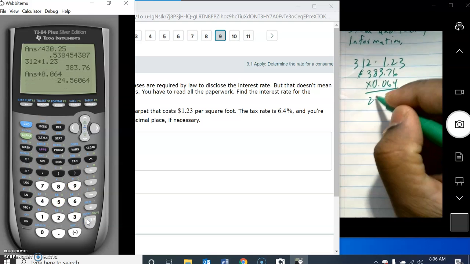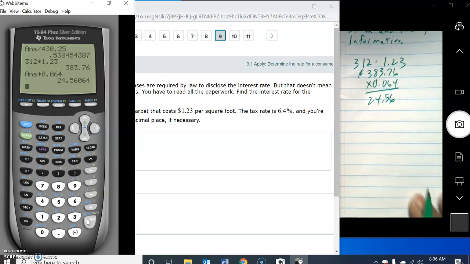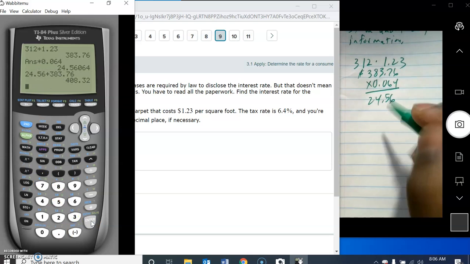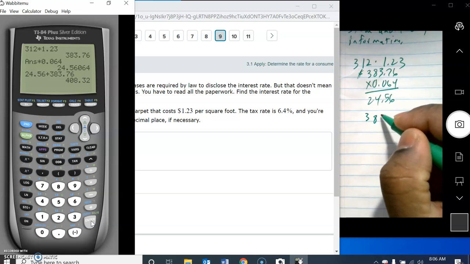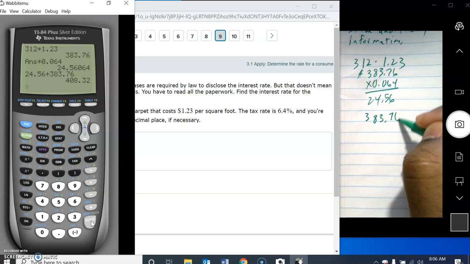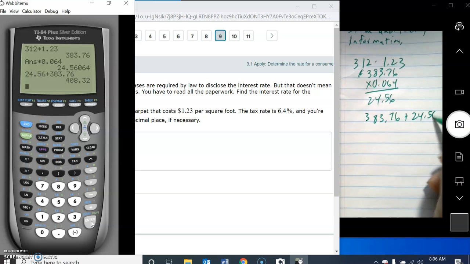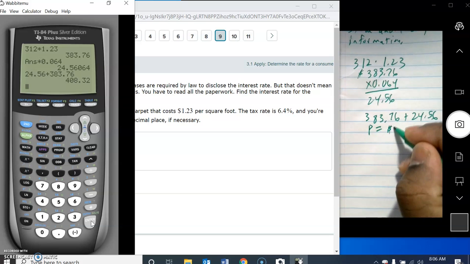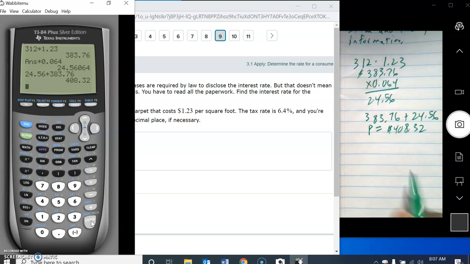Which would give us $24.56, and then we would add the two values together, the tax on the item plus the cost of the item. So our new value, after adding the $383.76 and the $24.56, our principal would equal $408.32. So that would be our principal.